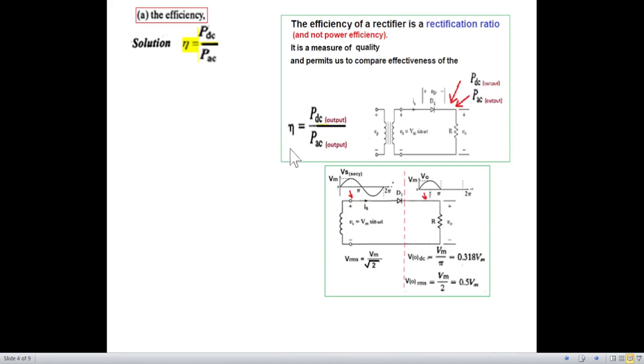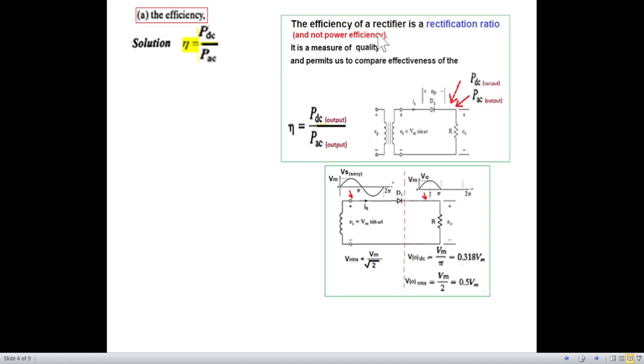Okay, with this background, now we'll find the first term, the efficiency. Efficiency is defined as PDC over PAC, DC power over AC power. Since there are two types of signals, DC and AC, there will be two powers, PDC output and PAC output.